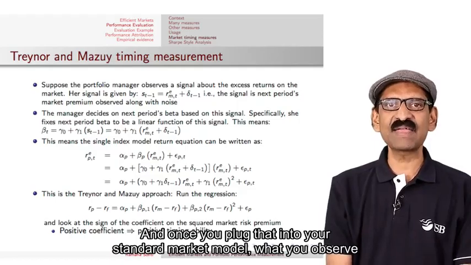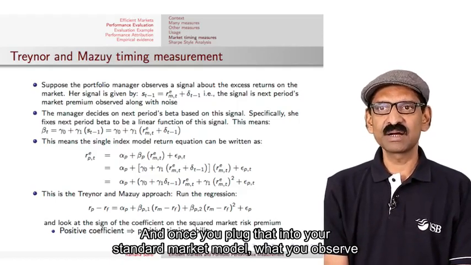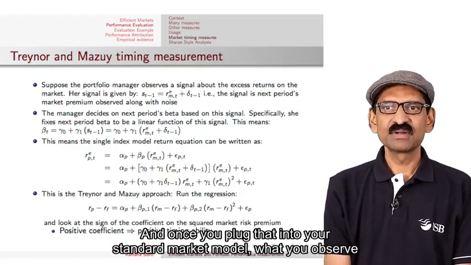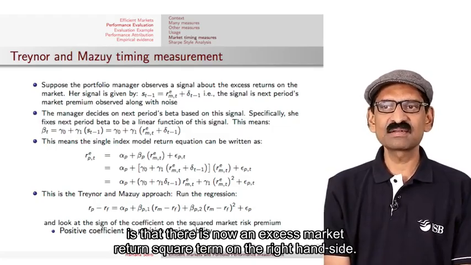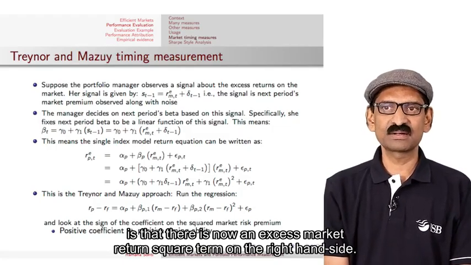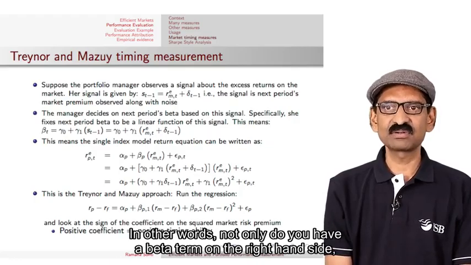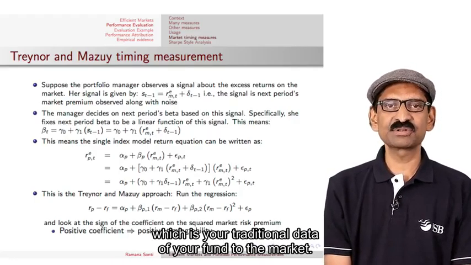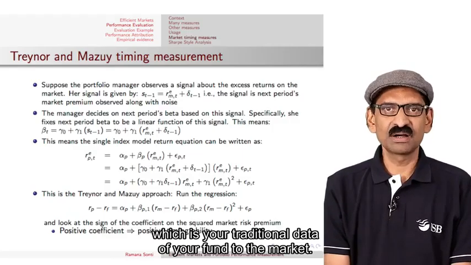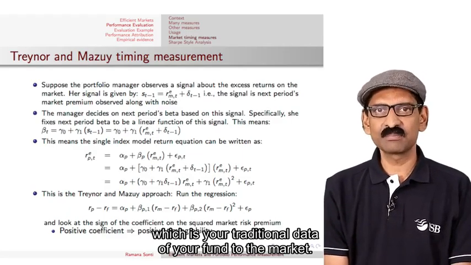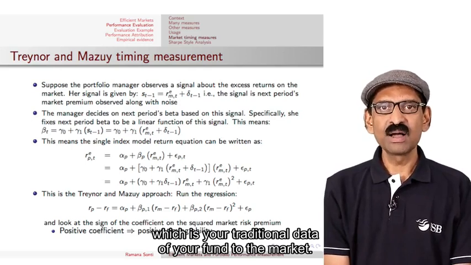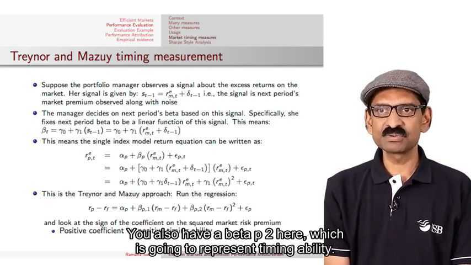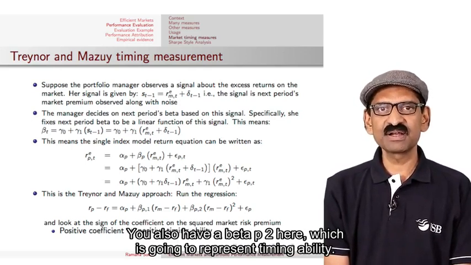And once you plug that into your standard market model, what you observe is that there is now an excess market return squared term on the right hand side. In other words, not only do you have a beta term on the right hand side, which is your traditional beta of your fund to the market, you also have a beta 2 here, which is going to represent timing ability.